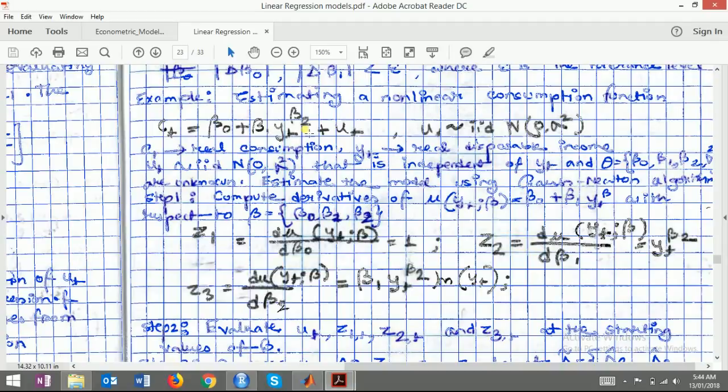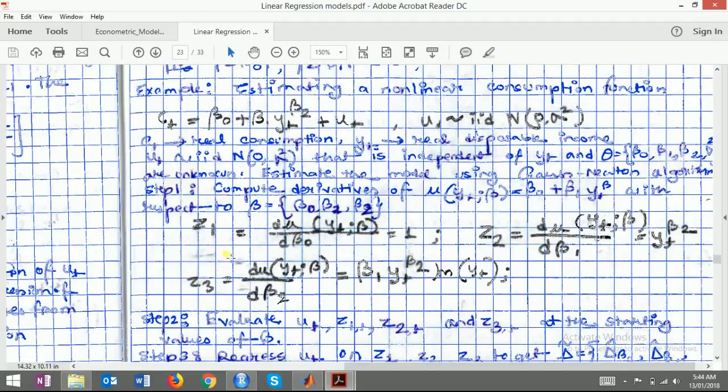Estimate the model using Gauss-Newton, not Newton-Raphson. Step 1, compute the derivatives of beta naught plus beta 1 yt to the beta 2 with respect to beta naught, beta 1 and beta 2, so z1, z2 and z3. z1, with respect to beta naught, is 1.